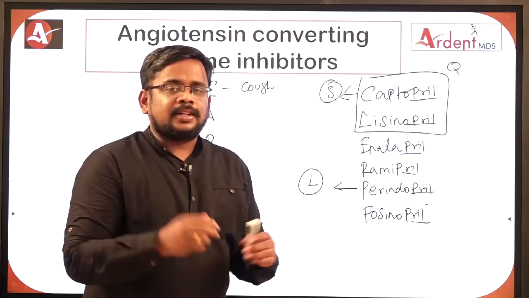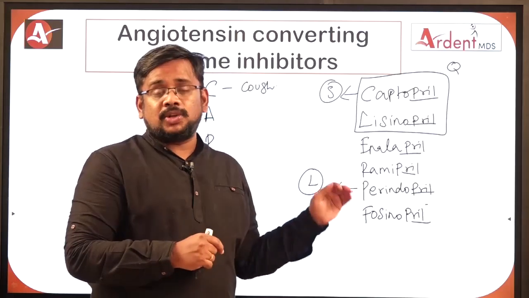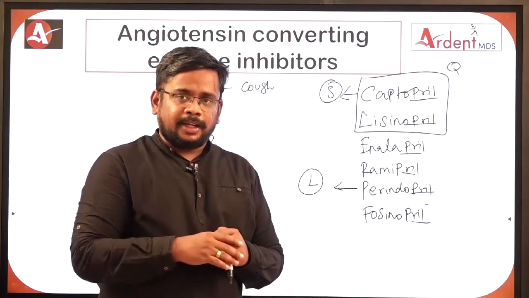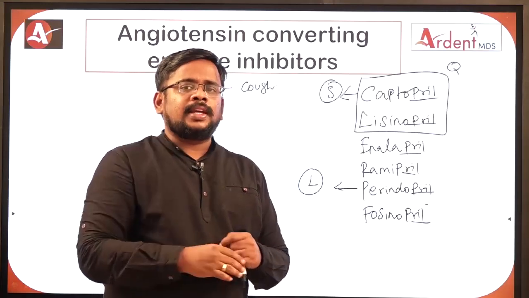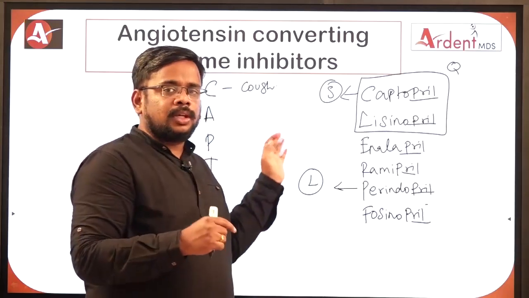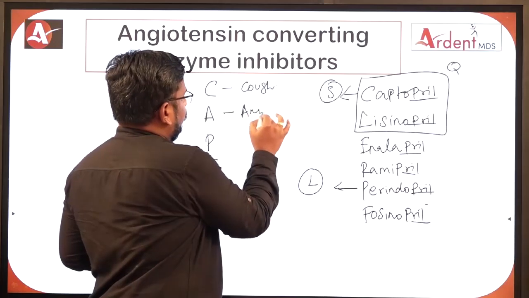So why is the bradykinin accumulated? ACE, that is angiotensin converting enzyme, is also responsible for the breakdown of bradykinin. Because you are inhibiting the ACE, bradykinin is not metabolized, so it accumulates, which leads to the dry cough. And A for angioedema.